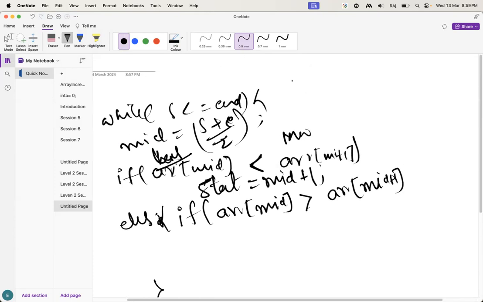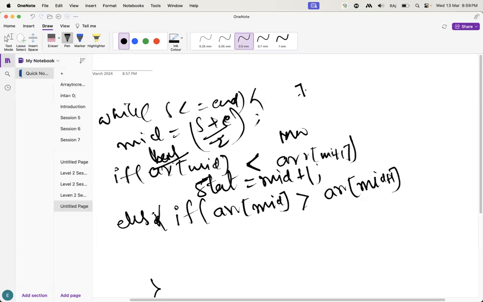Let's suppose we take values like this: 7, 8, 1, 2, 3, 4, 5. Guys, what is the mid value here? This is the start value. This is the end value. The mid value will be this. Right, guys?